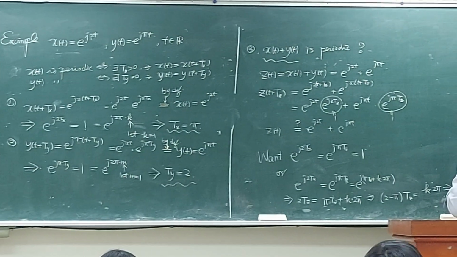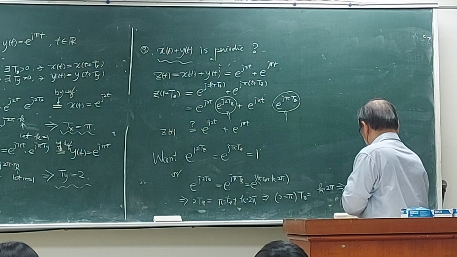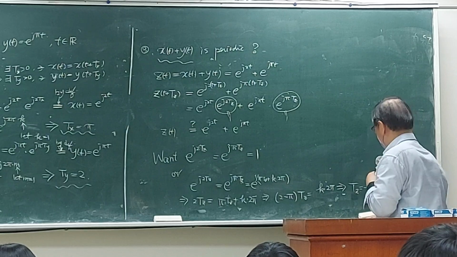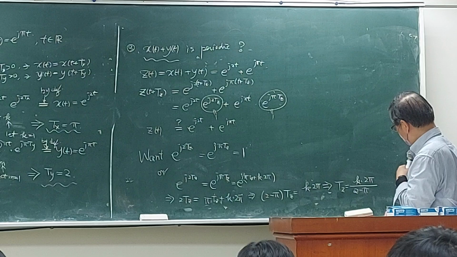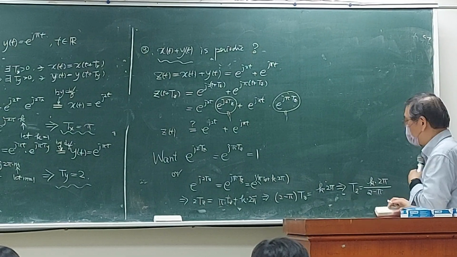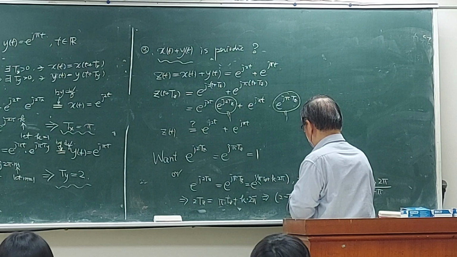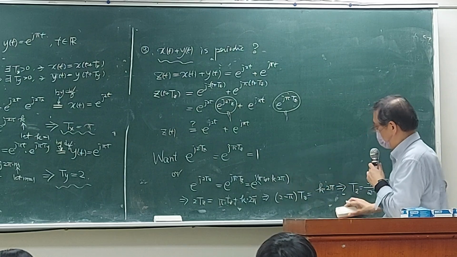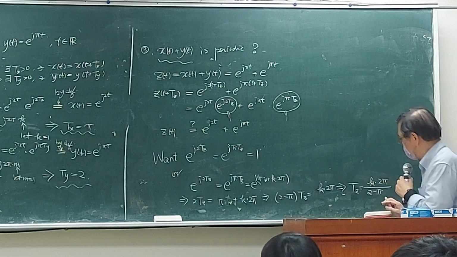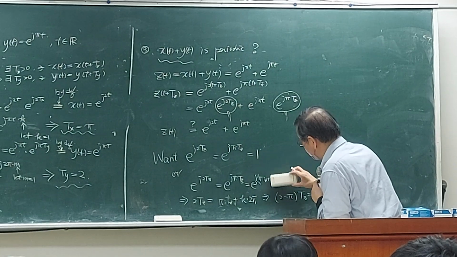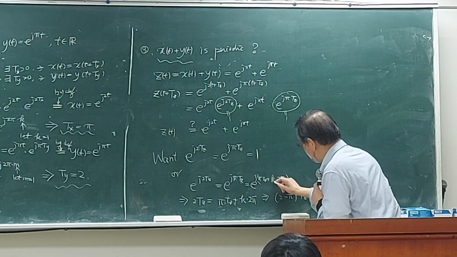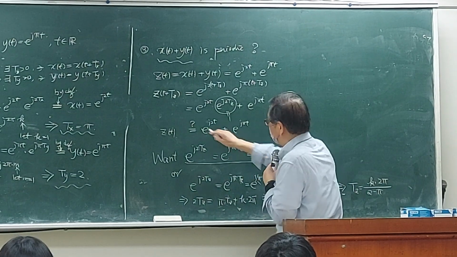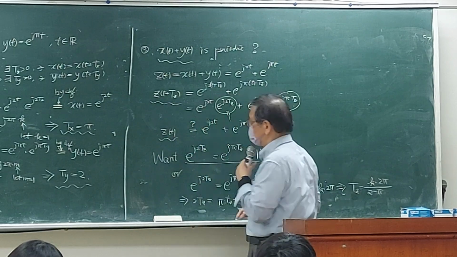Okay, so K is positive. Okay. Suppose this is true, then D is periodic.